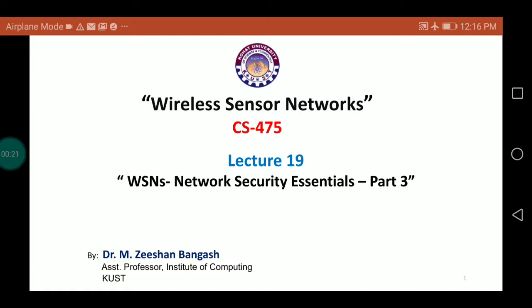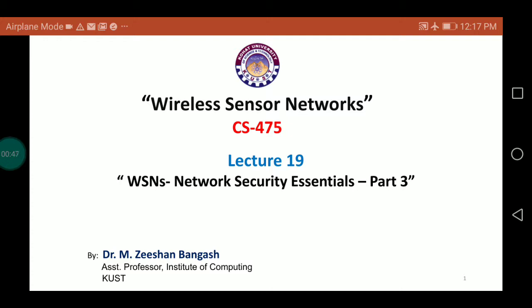So previously, during the first part, we discussed some key concepts related to security and some essential requirements, keeping in view the wireless nature of the network, that were confidentiality, availability, and integrity, which are of key importance for a wireless medium.